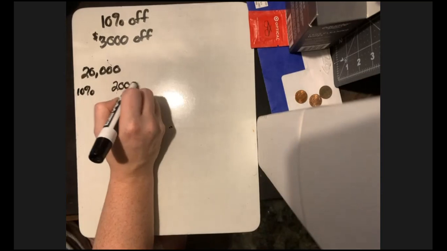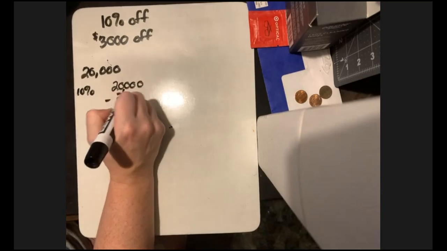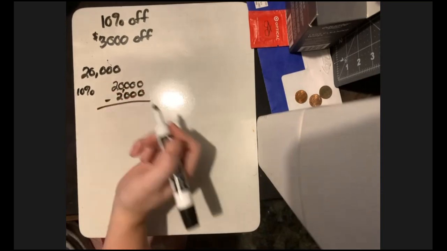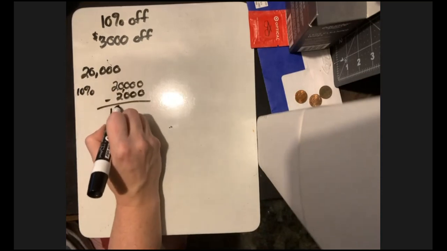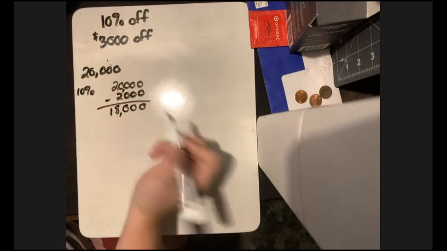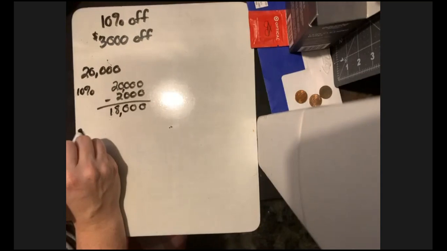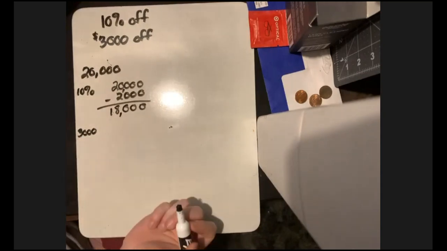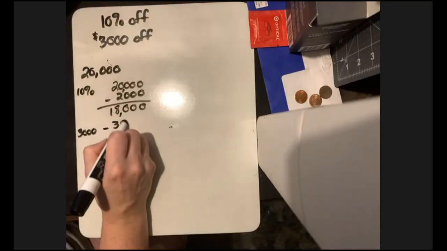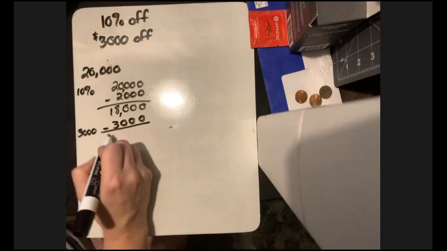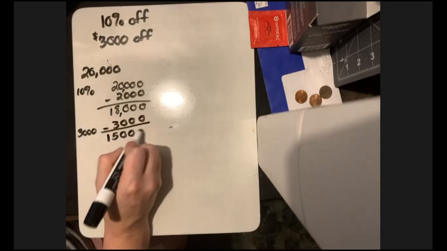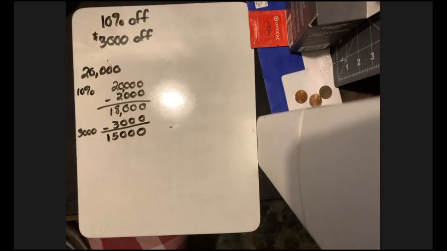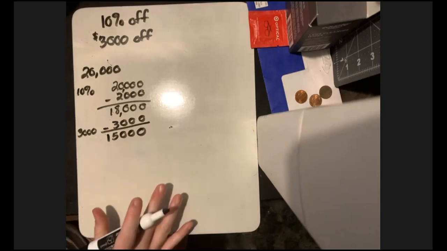So we're going to have 20,000 minus the 2,000, and that's going to give us 18,000. Then secondly, I'm going to do the $3,000 off. So I'll take another $3,000 from here, and that's going to put us at 15,000. So that's option number one.